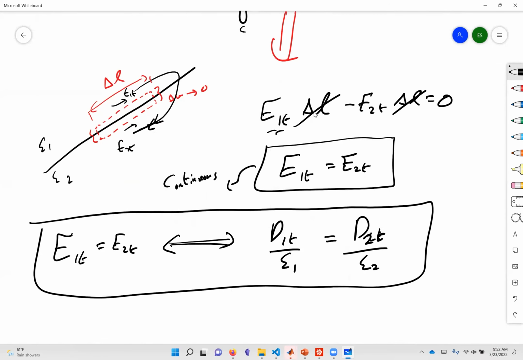So the field intensity, the tangential component, is continuous. However, the flux density is not continuous because of the different epsilon 1 and epsilon 2. If epsilon was the same, it would also be continuous.